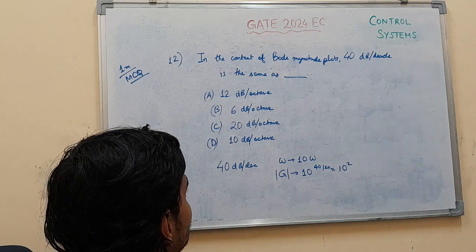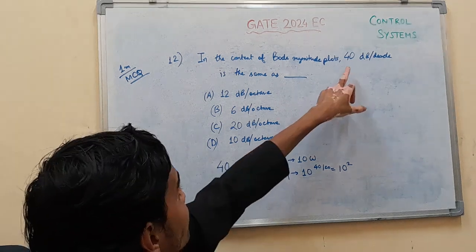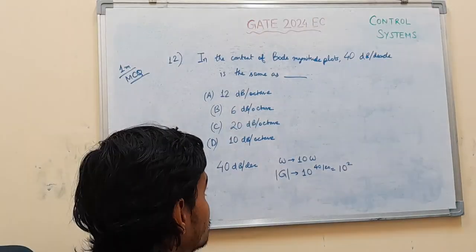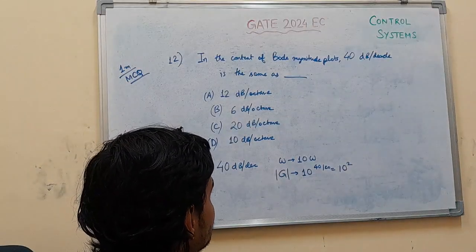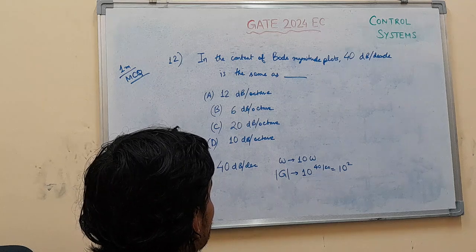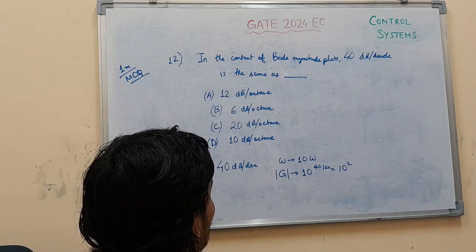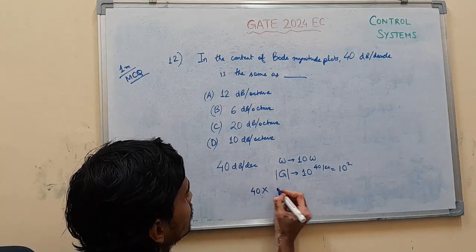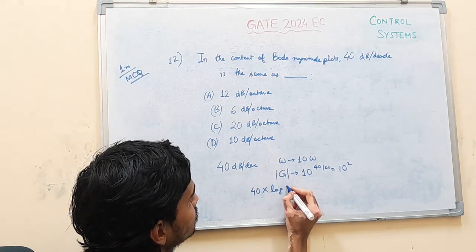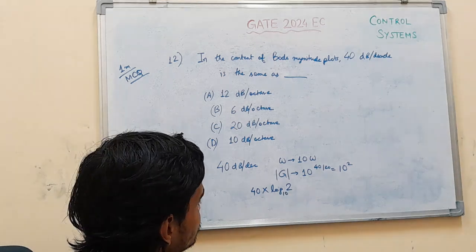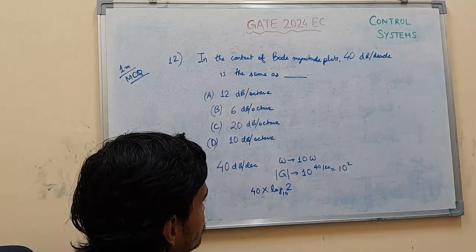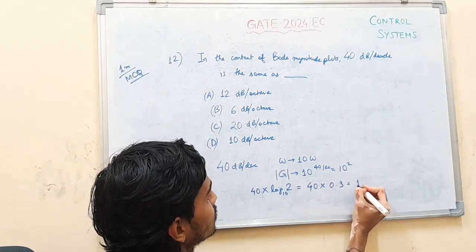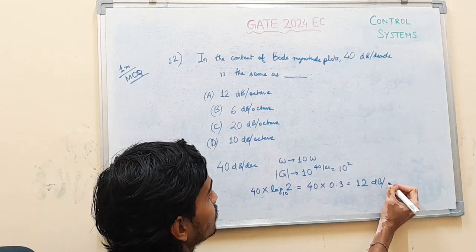Now to convert from dB per decade to dB per octave, we need to multiply 40 by log of 2 base 10. So it will be 40 times 0.3, so 12 dB per octave.